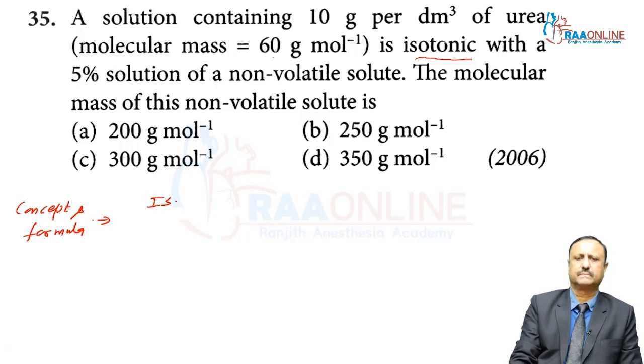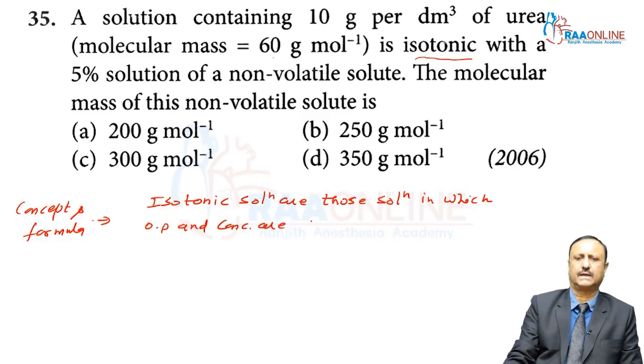Isotonic solutions are those solutions in which osmotic pressure and concentrations are the same. You can see here osmotic pressure and concentrations are the same, means pi 1 is equal to pi 2, osmotic pressures are the same, and C1 is equal to C2, concentrations are also the same.